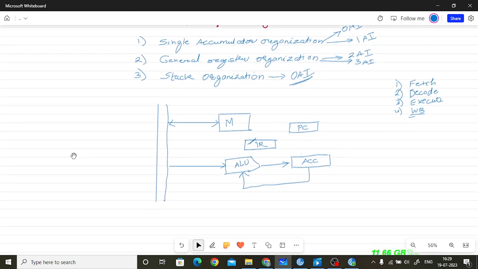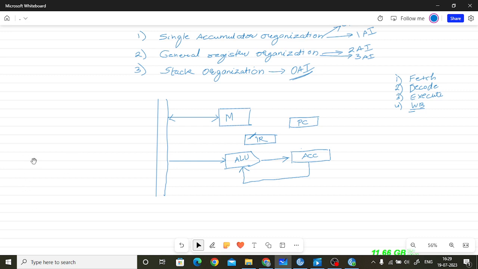Here we will see instructions like INCA, which is to increment the accumulator. The contents present in the accumulator will be incremented by 1 with the help of this instruction. And what if we want to load the accumulator?